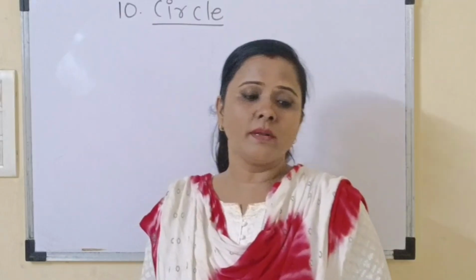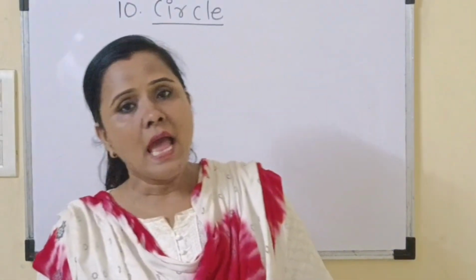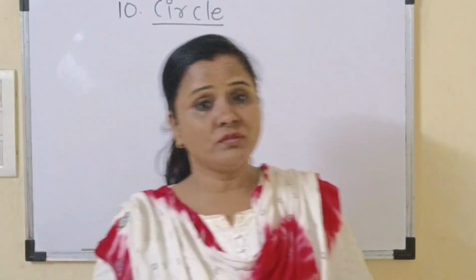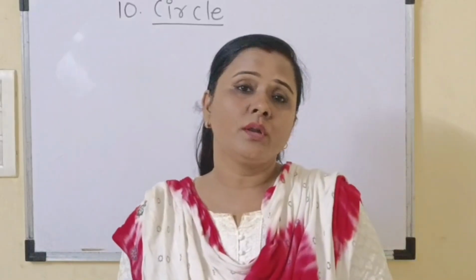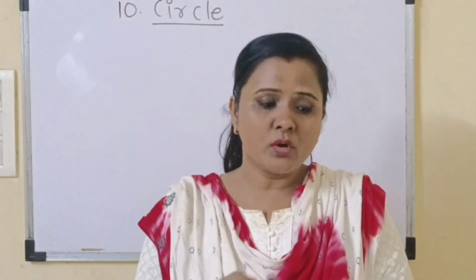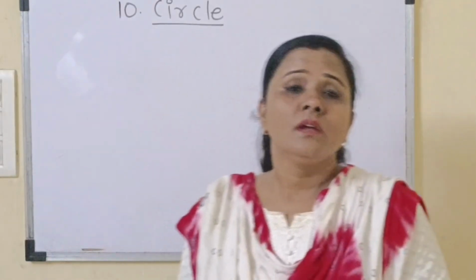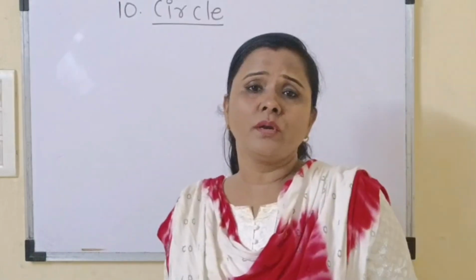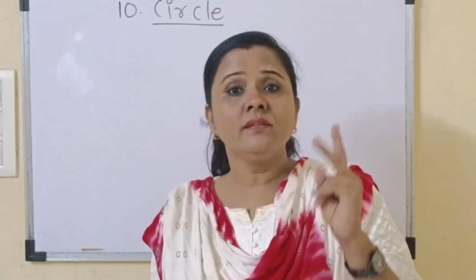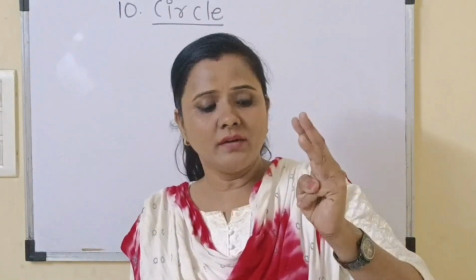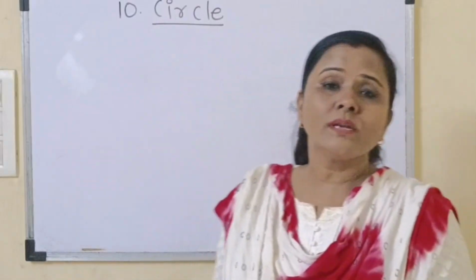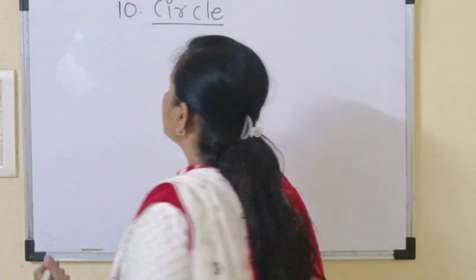The chapter primarily focuses on the geometry and the tangent of the circle. It is very important. The basic definitions are important, three definitions especially. First one is tangent, then point of contact, and third one is the secant. So, what is the meaning of tangent?